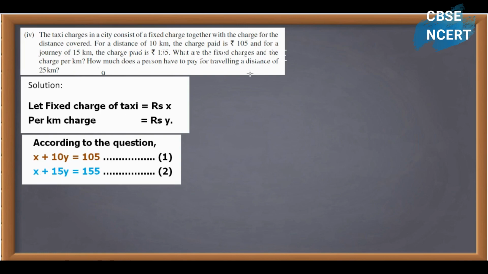Similarly, we will convert the second condition in second equation. X plus 15Y, 15 is the journey travel in kilometers, so X plus 15Y is equal to 155. So as per the two conditions, I have converted into two equations. I'm assuming first one as first equation, second linear equation as equation 2.